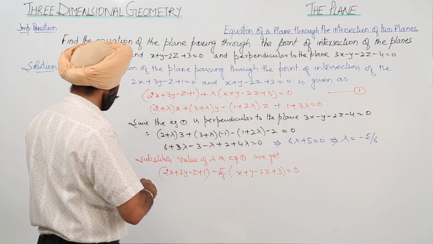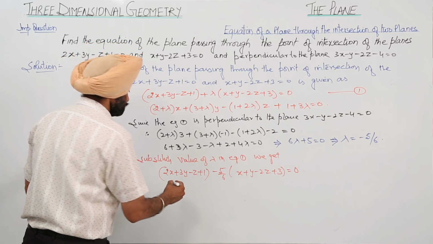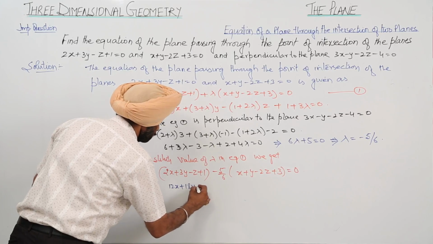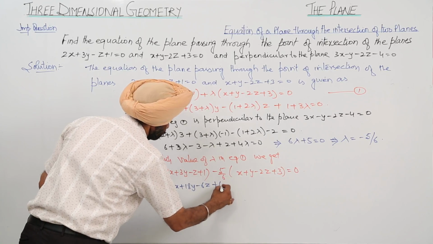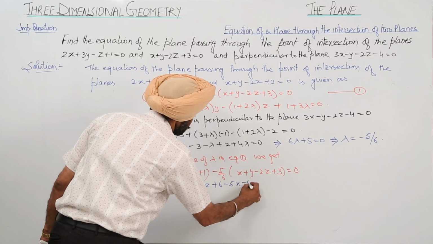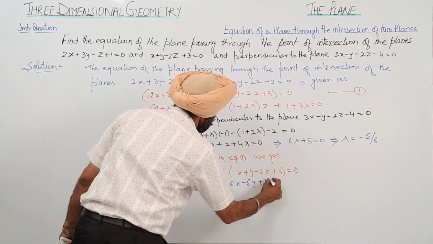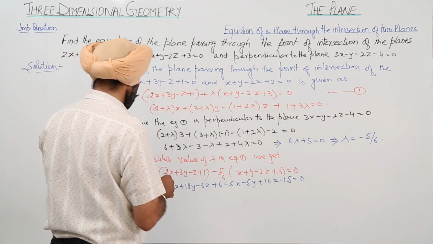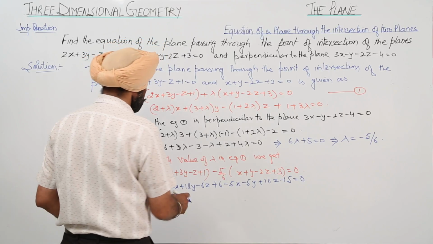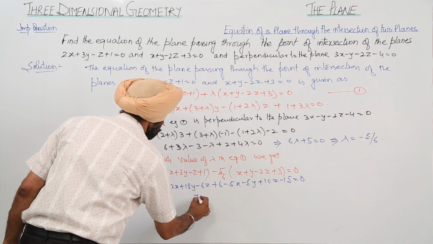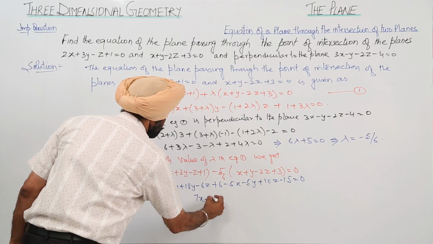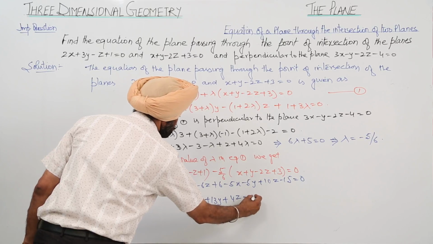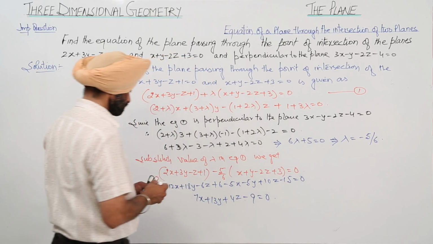Now, 12x plus 18y minus 6z plus 6 minus 5x minus 5y plus 10z minus 15 is equal to 0. 12 and 5, 7x plus 13y plus 4z minus 9 is equal to 0.